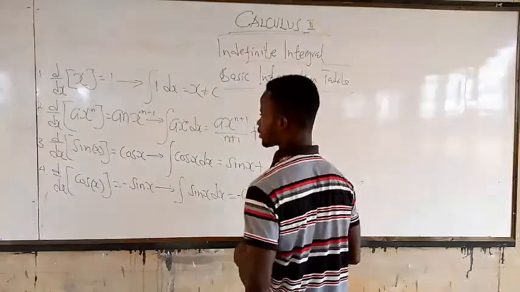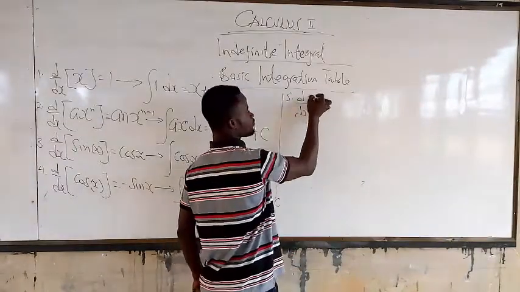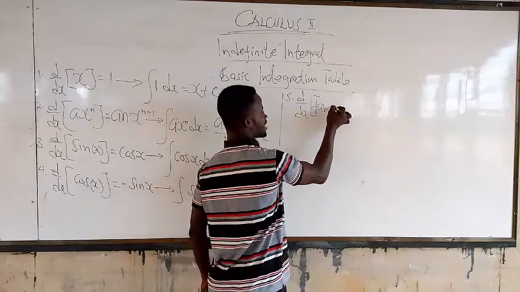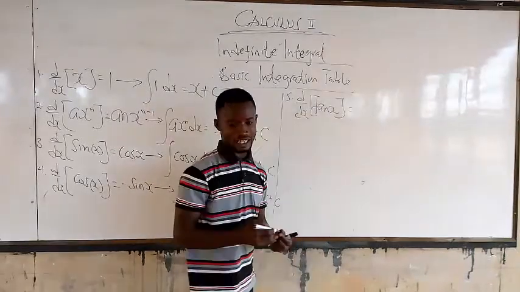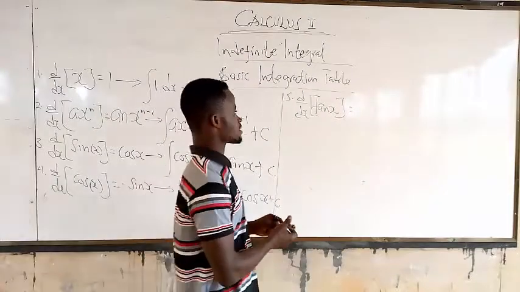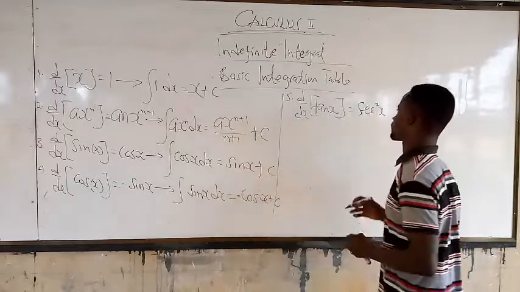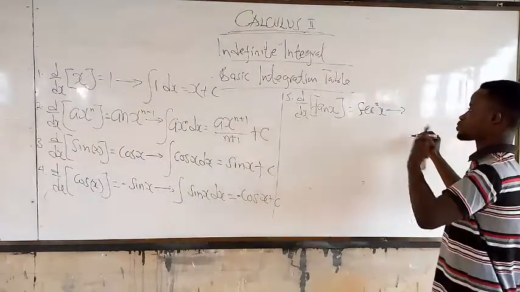What about tan? 5. When you differentiate tan x, you get sec squared x. Don't forget your differentiation. In the same way, reverse process.